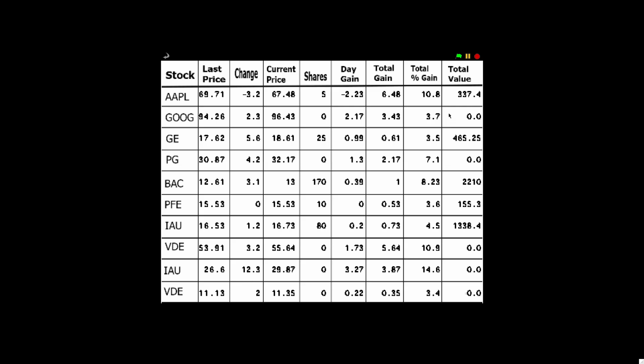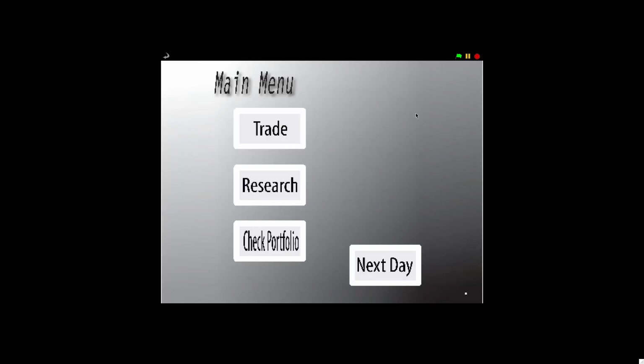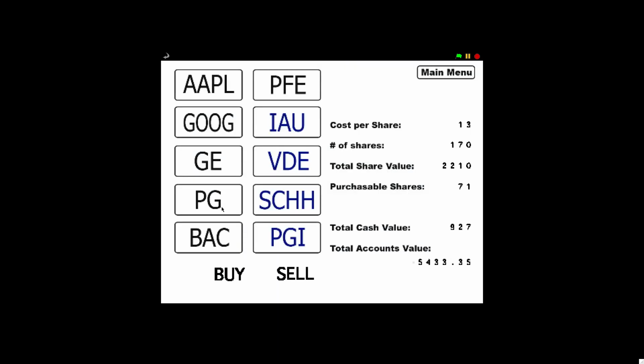So the whole thing with this game is by playing, you can play more than once, and each time you'll learn when is the best time to buy and sell, and you can keep playing to earn as much money as possible. So let's go to trade. Let's sell our Bank of America stocks. So see, we made more money.